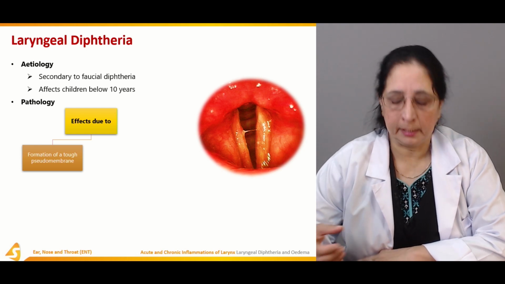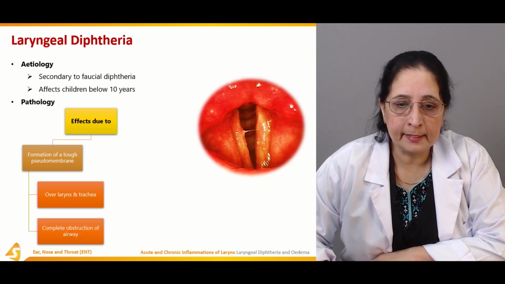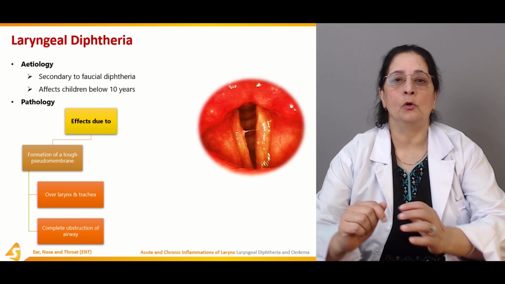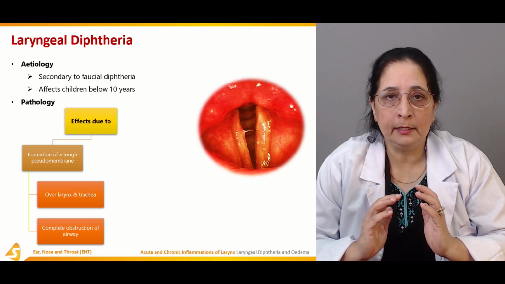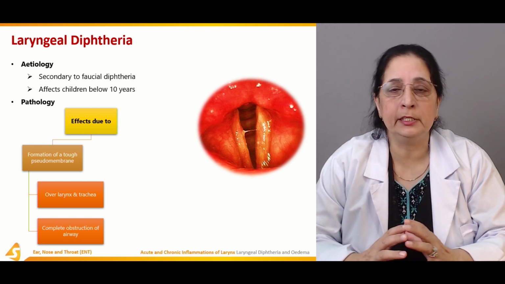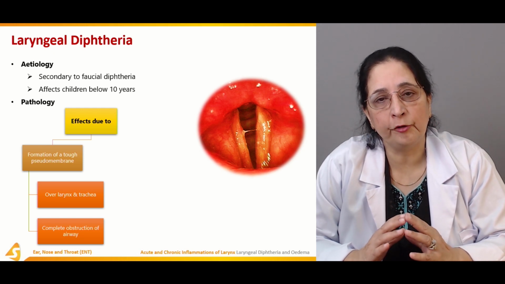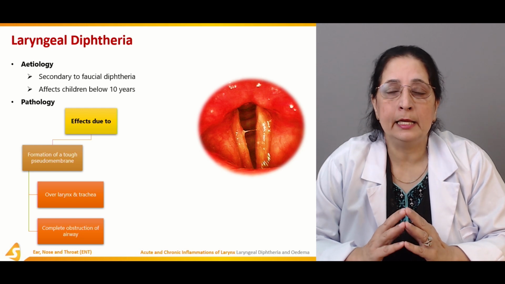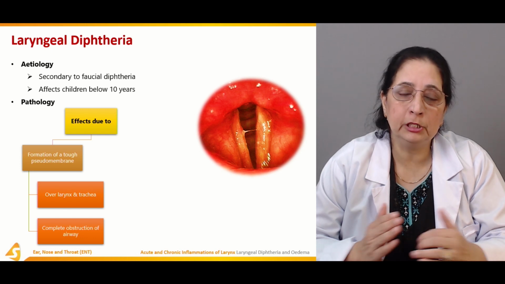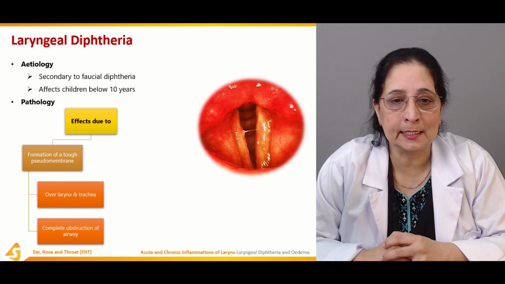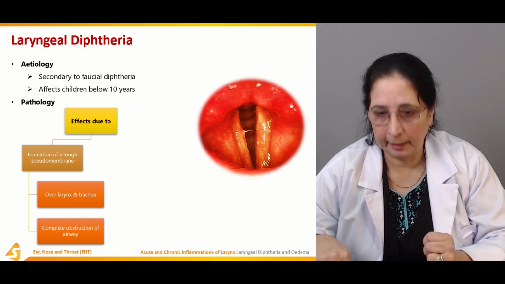The membrane can form over the larynx and trachea and can cause complete obstruction of the airway. Usually it is common in children less than 10 years, and it is secondary to facial diphtheria.